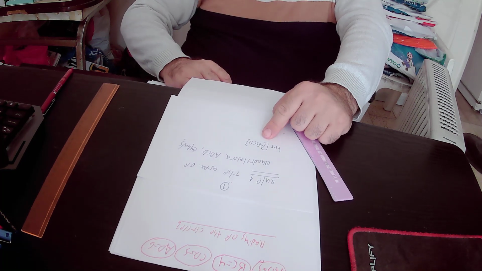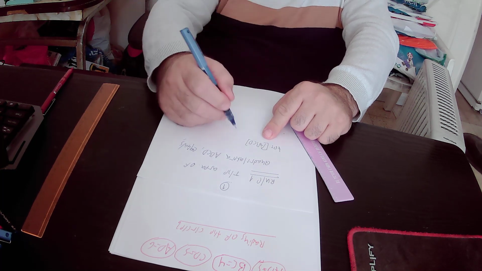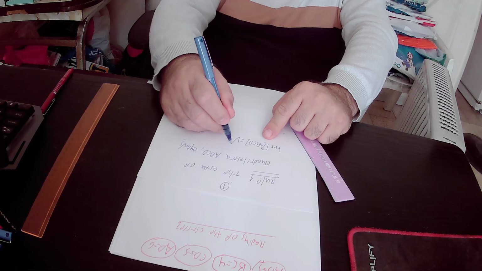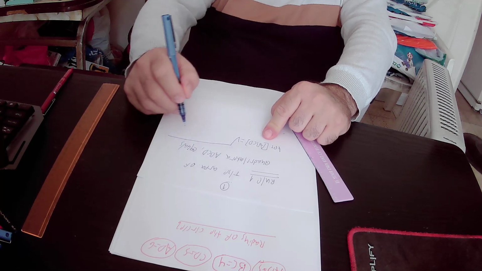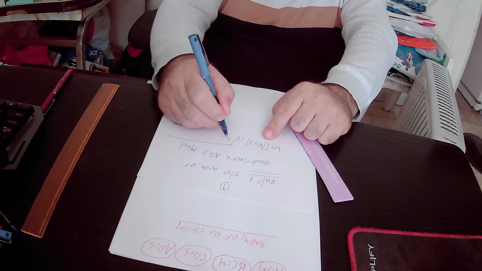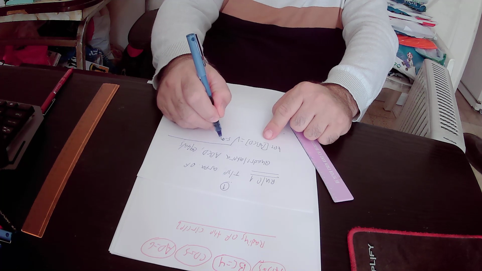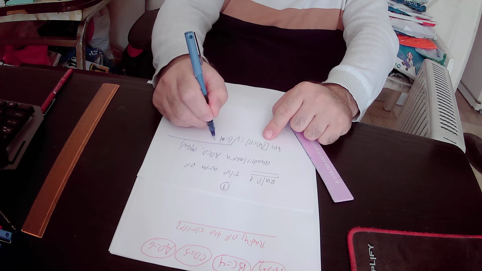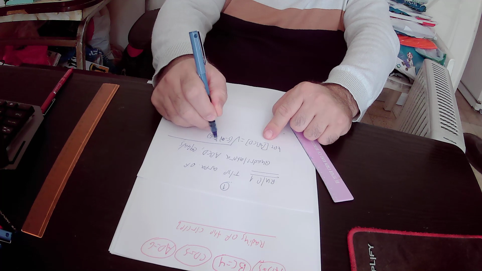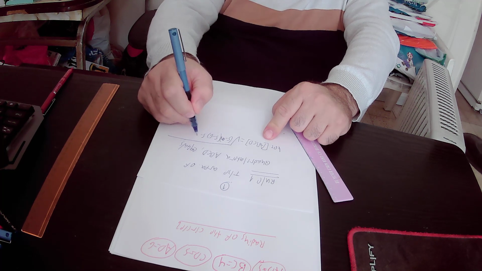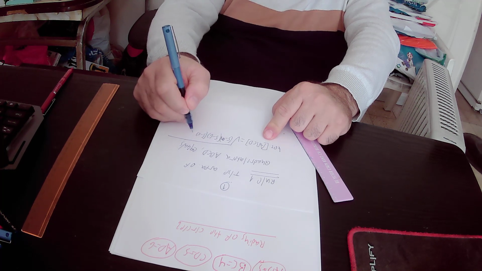This means that the area of quadrilateral ABCD will be equal to the root of S minus A times S minus B times S minus C times S minus D.